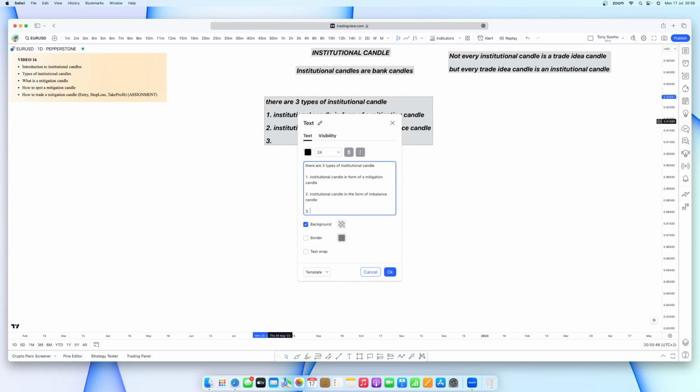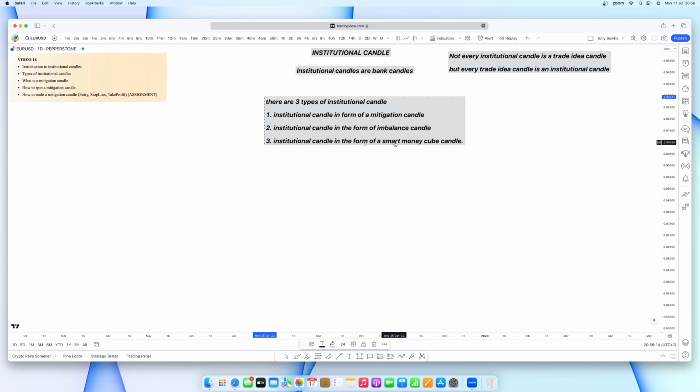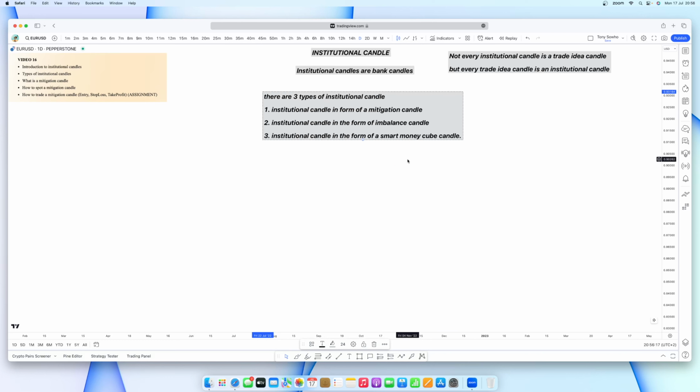And number three is the institutional candle in the form of a smart money cube, so we can call that the smart money cube candle. Each of these three has other names we can call them, but these are the three types of institutional candle.